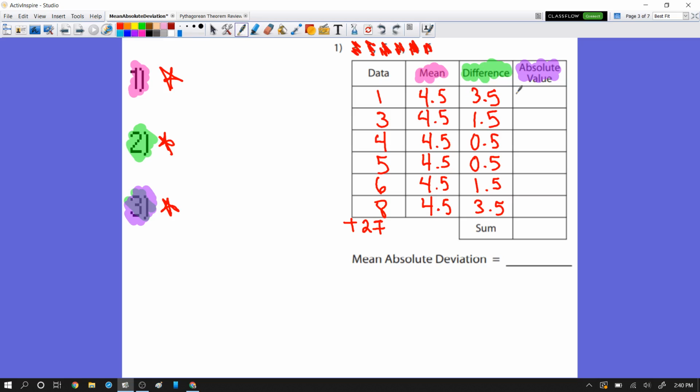I went ahead and skipped that because all you're going to end up doing is writing it right here as an absolute value. So I'm just going to rewrite those because that's what I just added up. That came out to be 11. And then I divided it by 6 and got a mean absolute deviation of 1.833 repeating.